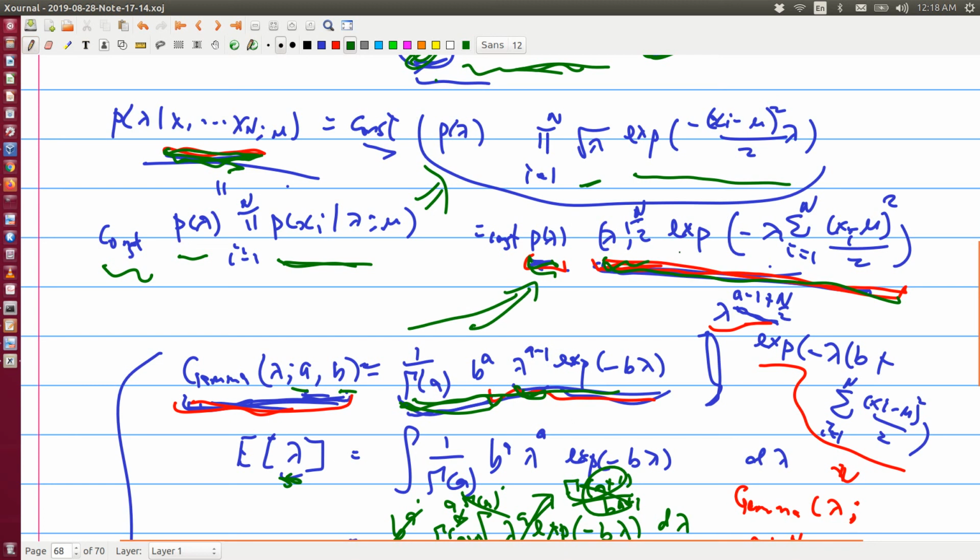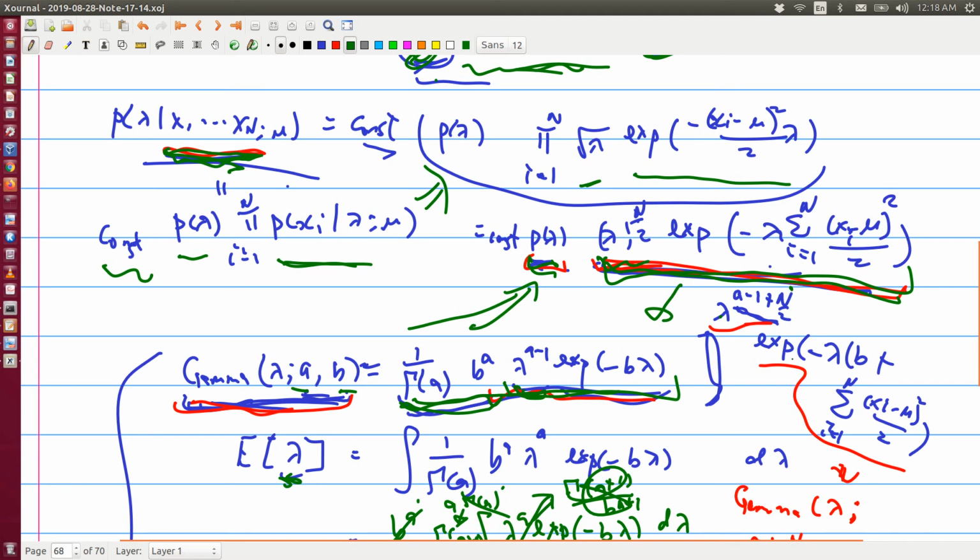So if you look at this one multiplied by this one, I don't care about those normalization factors, those constants. I basically have lambda to the a minus 1 plus n over 2, and then exponential of minus lambda times b plus this term here, right?